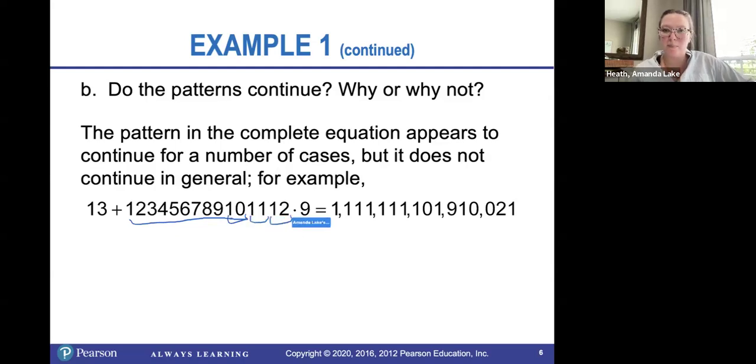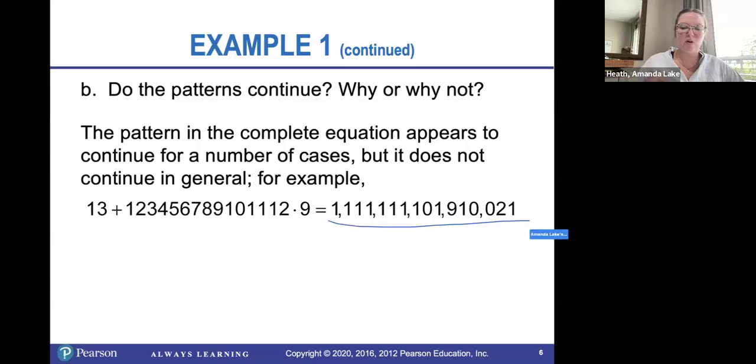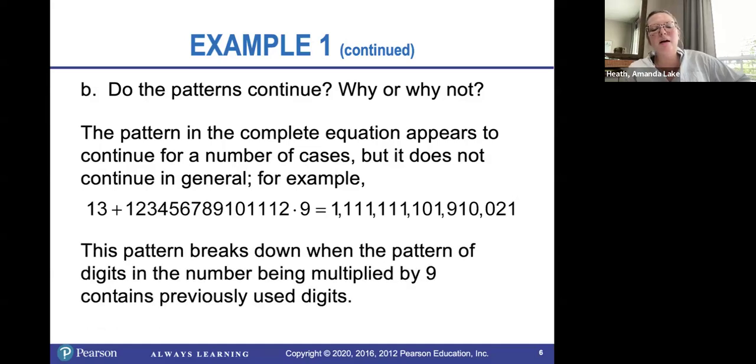Those are our next numbers in line, times 9. Then we get 1, 1, 1, 1, 1, 1, 1, 1, 0, 1, 9, 1, 0, 0, 2, 1. So this doesn't work anymore because we don't have the same pattern where we have all ones on the right-hand side. So this actually is going to stop working.